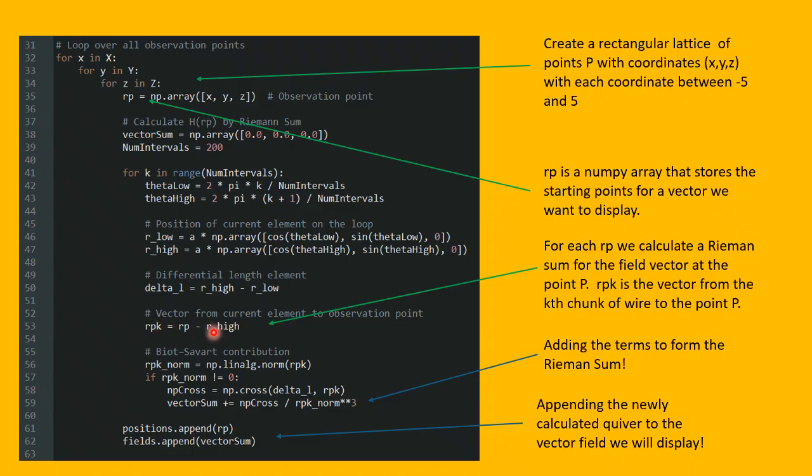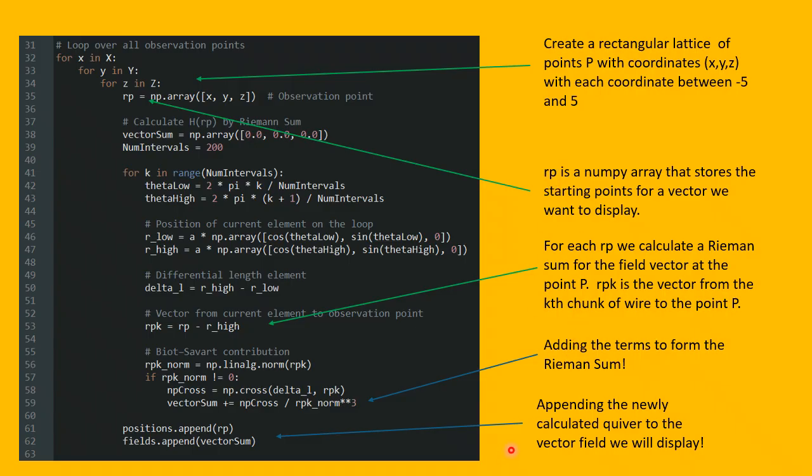R high and R low are defined up here, and those are basically going to give us stuff that involves the endpoints of that little interval I sub k. And then the code in here is very similar to the calculations we showed previously, and what we're doing in that code is adding the terms to form the Riemann sum, which will give us the vector field at one point P, which is referred to in this program by the vector RP.